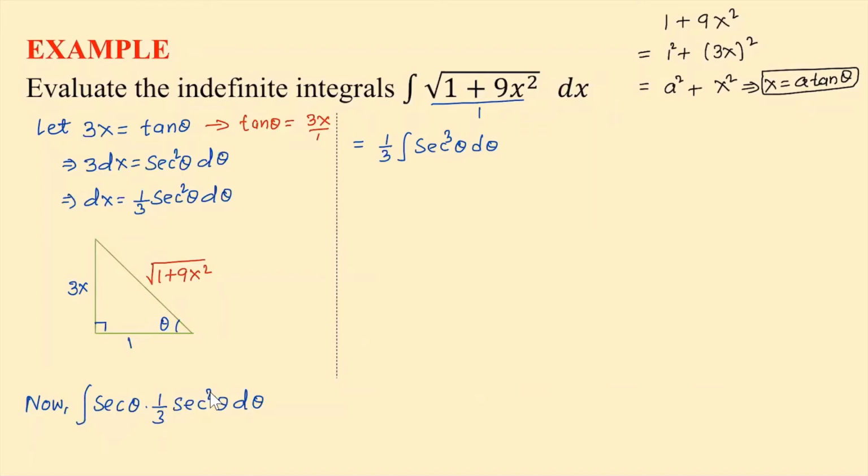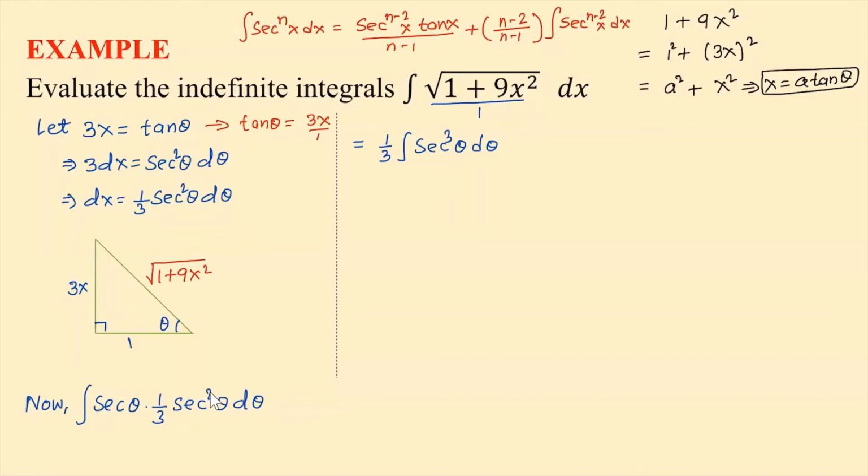For the integral of secant cubed theta, we can use the reduction formula. The integral of secant raised to n of x dx is equal to secant raised to n minus 2 of x times tangent x, divided by n minus 1, plus n minus 2 over n minus 1 times the integral of secant raised to n minus 2 of x dx.